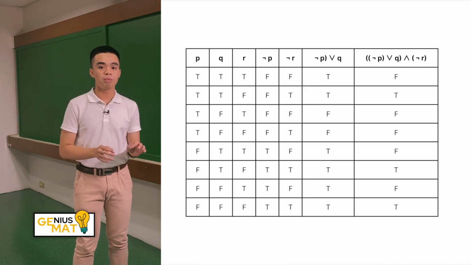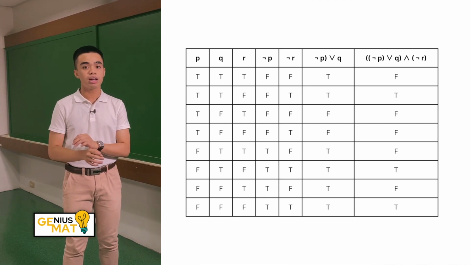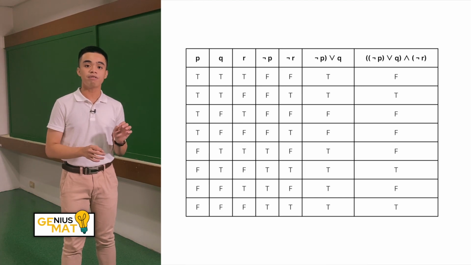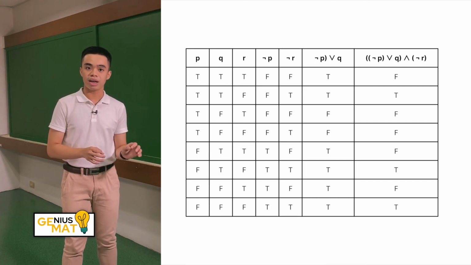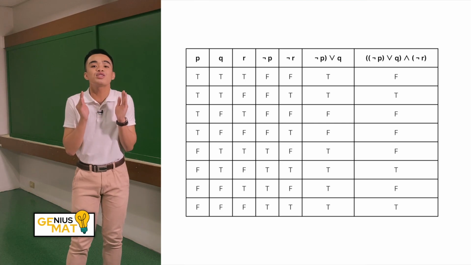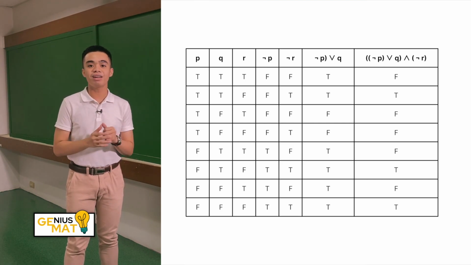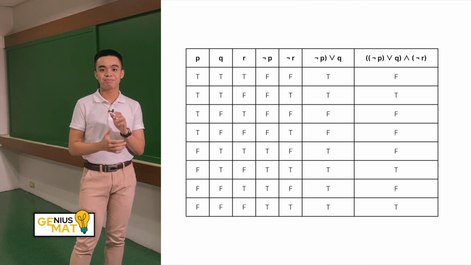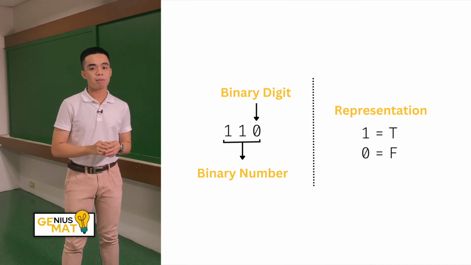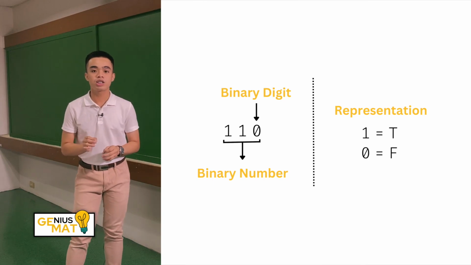Thus, for our last column, by the definition of a conjunction, the statement is true if both of them are true, and we are done. We've constructed the truth table for the statement (not P or Q) and not R.